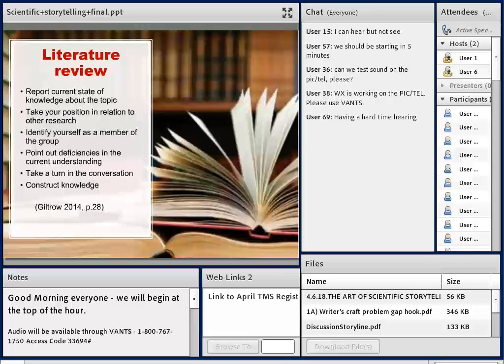So she talks about literature review, reporting the current state of knowledge about the topic that you wish to study. We know this. But then, more important, take your position in relation to other research. Do I agree? Do I disagree? Or am I in the middle and saying we need to study this more? So what is the position?